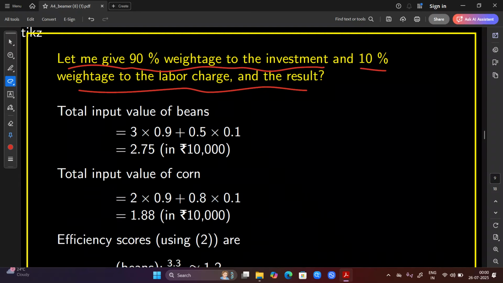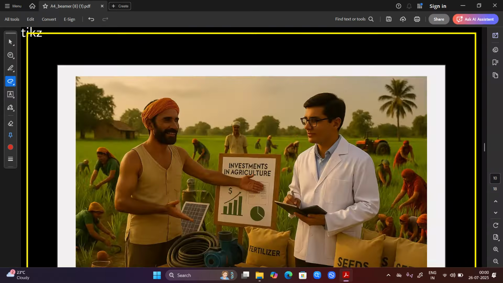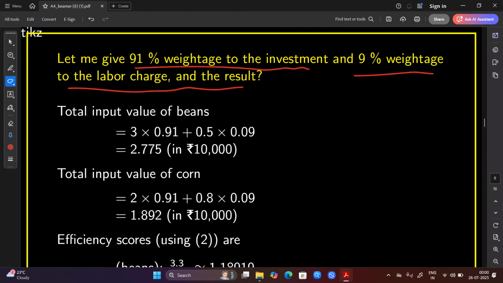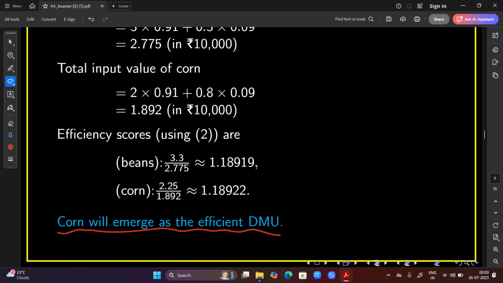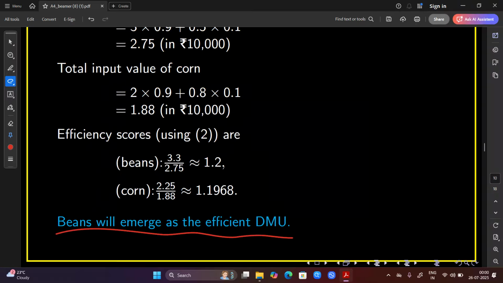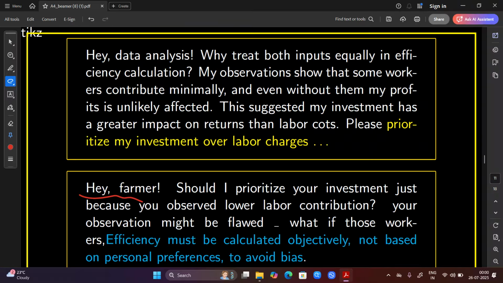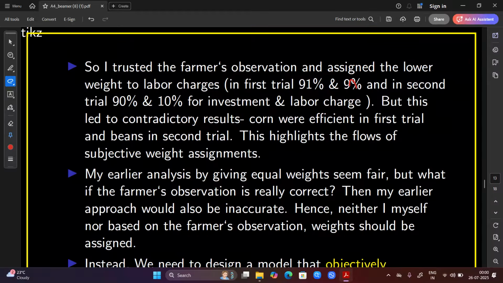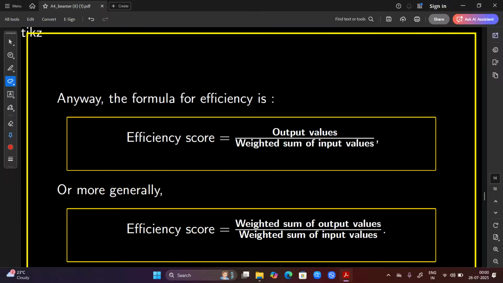First they gave 90% weightage to the investment and 10% weightage to the labor charge, and next they gave 91% and 9% to the labor charge. The result will be different. Then what to do? How do we give the weights? This is a new problem in multi inputs.